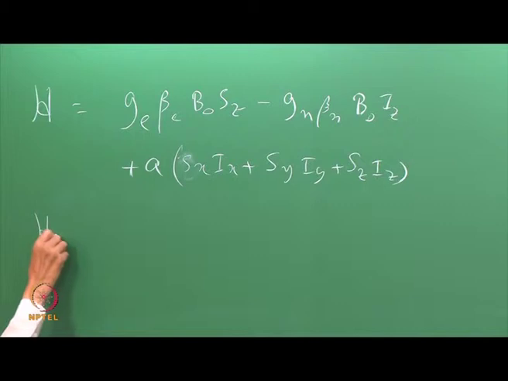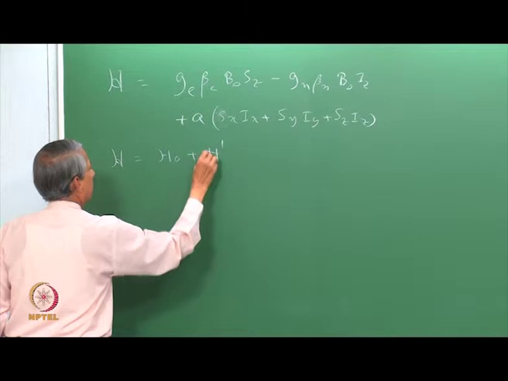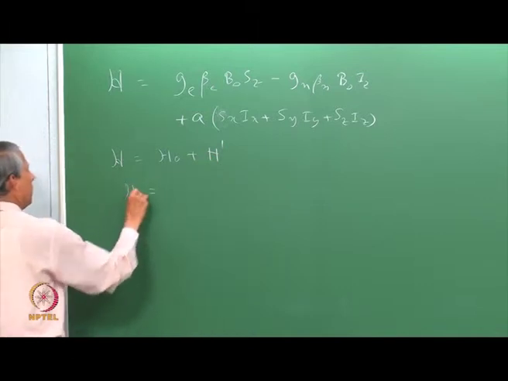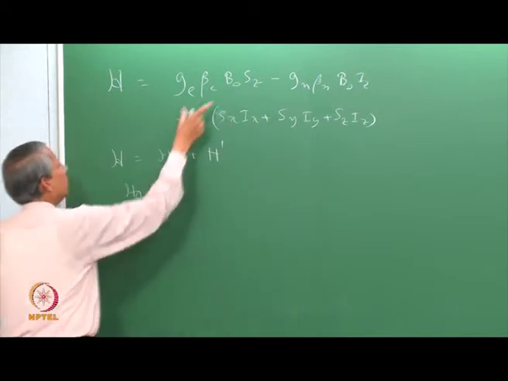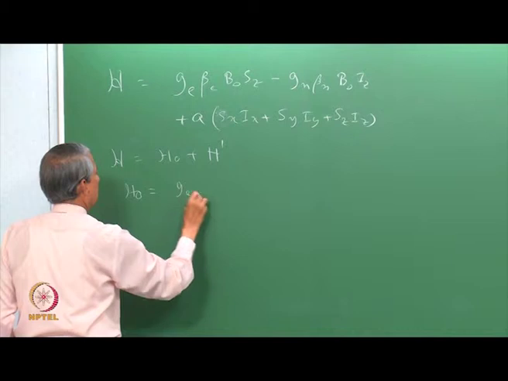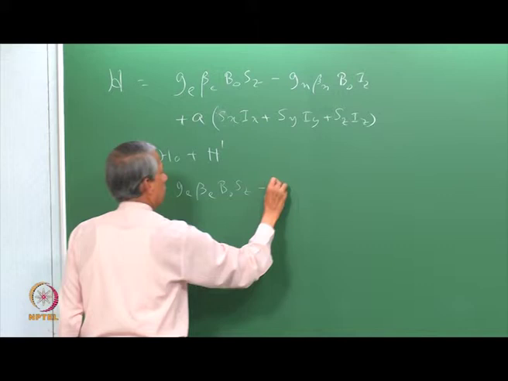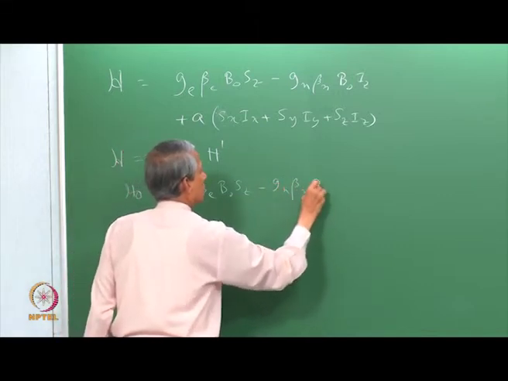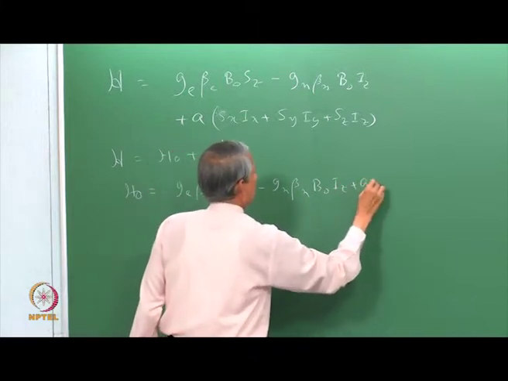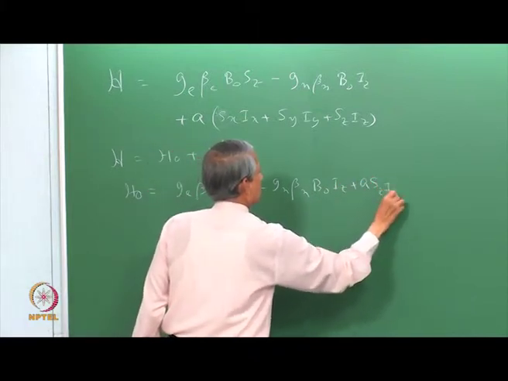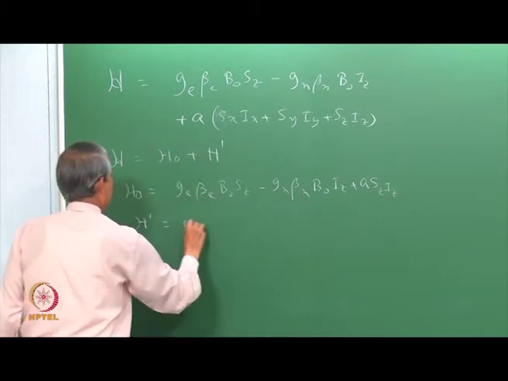You also saw that we could write it as two parts, H0 plus H prime. So, H0 we call the unperturbed Hamiltonian or the main Hamiltonian, which includes the most significant interaction. And the perturbation is this.